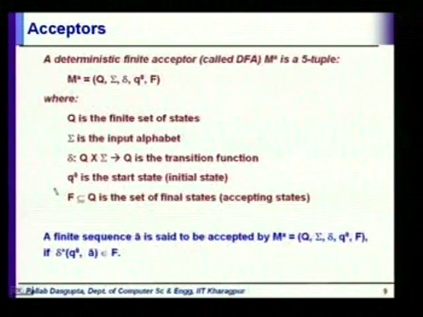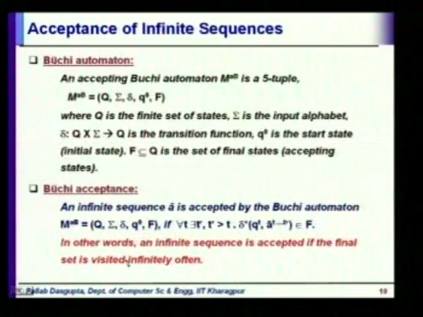In the previous case, our acceptance condition was that when presented with a finite input sequence A, the last state that is visited at the end of the sequence must belong to the accepting set of states.